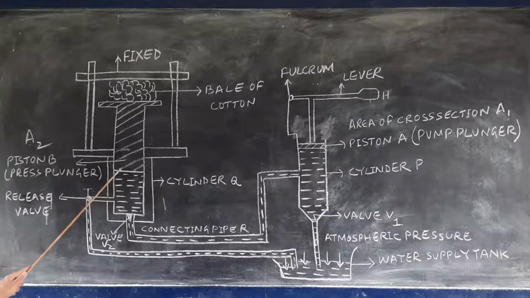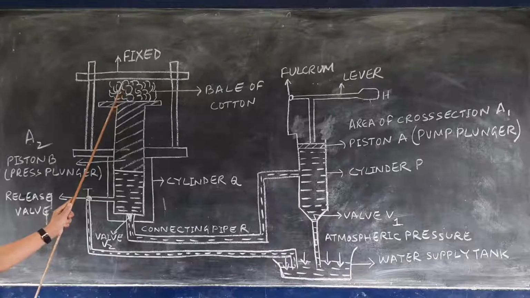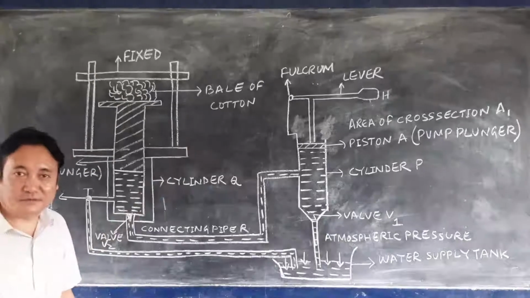Due to this pressure, piston B moves up and compresses the bales of cotton.